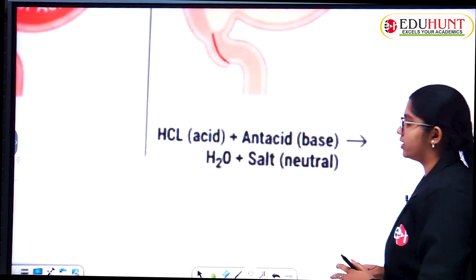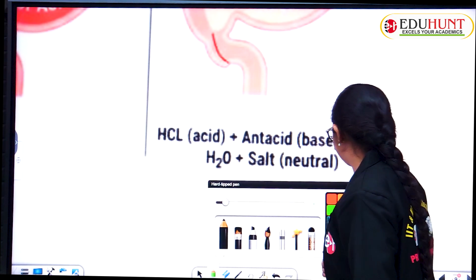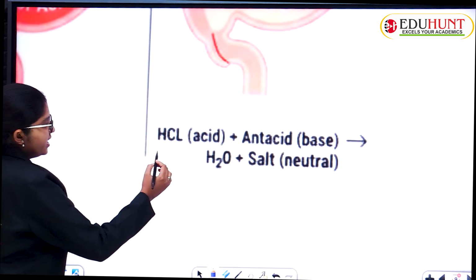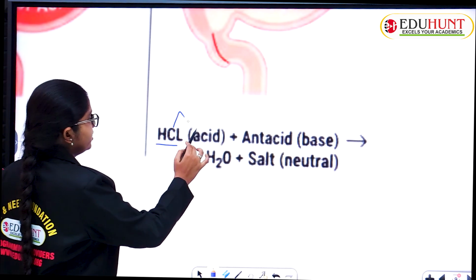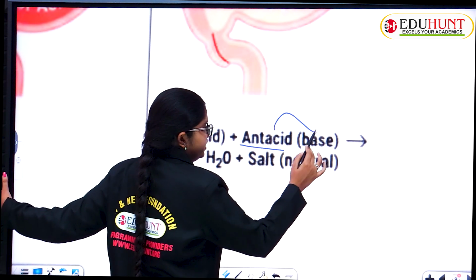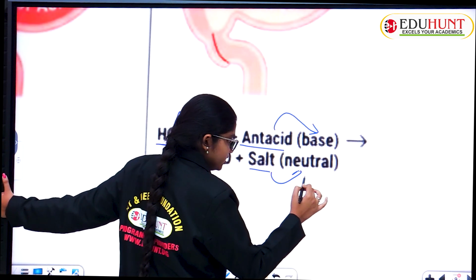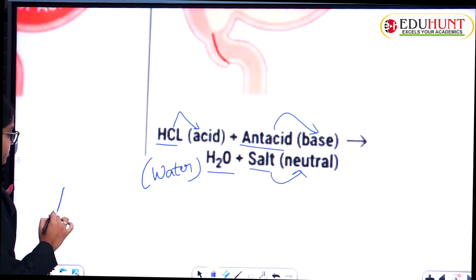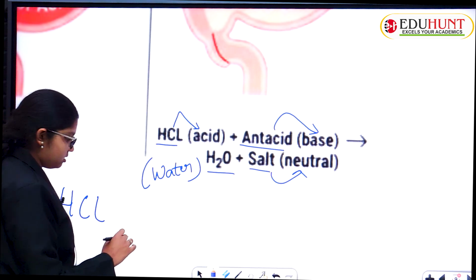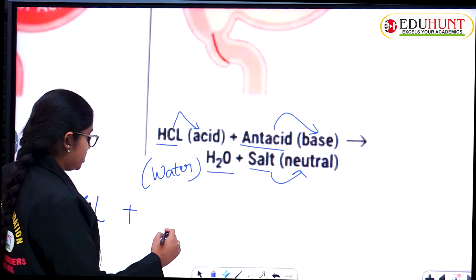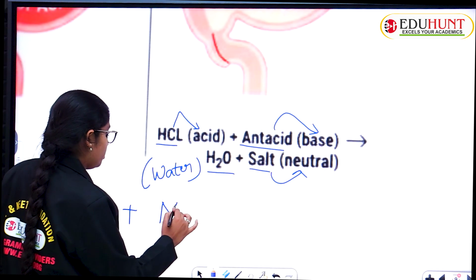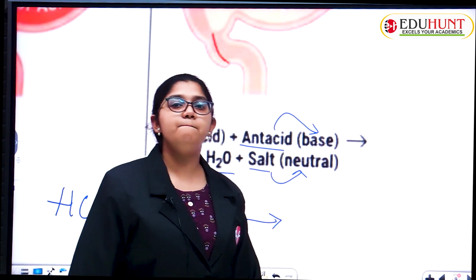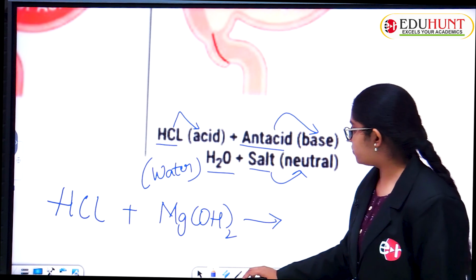I'll write it for you here. Look carefully, children. It is written as HCl, which is an acid, reacting with antacid, which is a base, giving salt, which is neutral, and water, H2O. HCl is present in the stomach, plus we take antacids such as magnesium hydroxide, and it gives salt and water in the stomach.